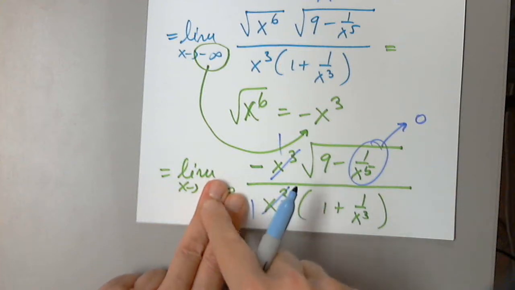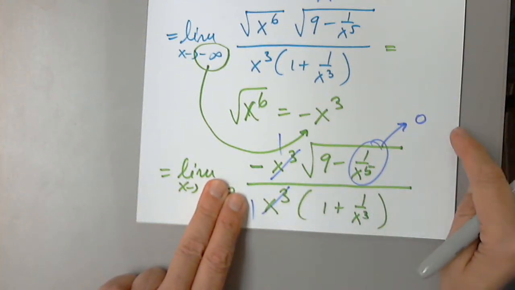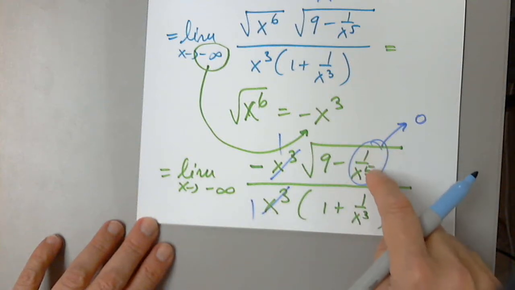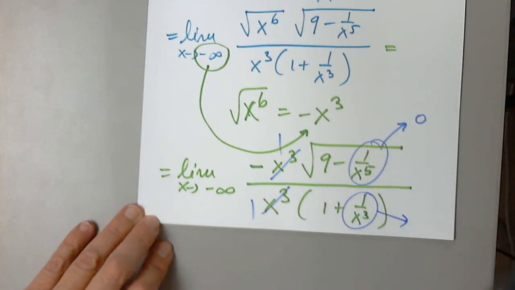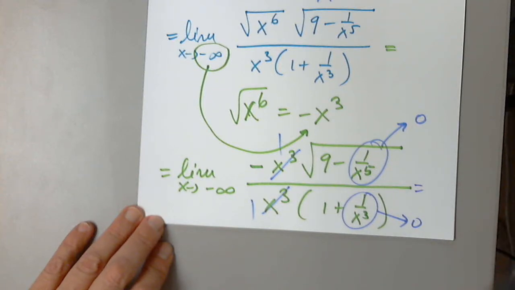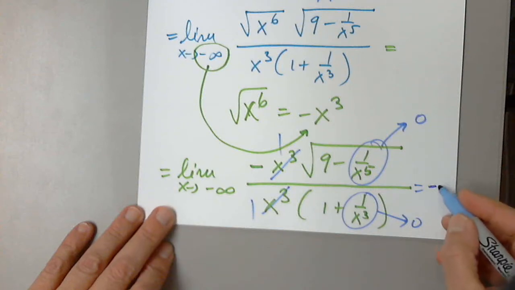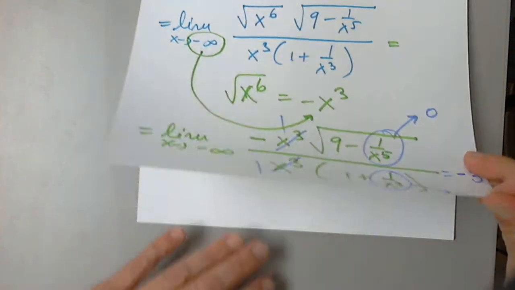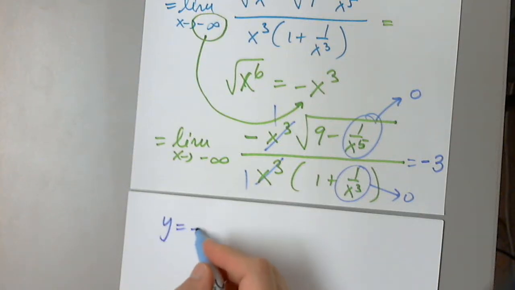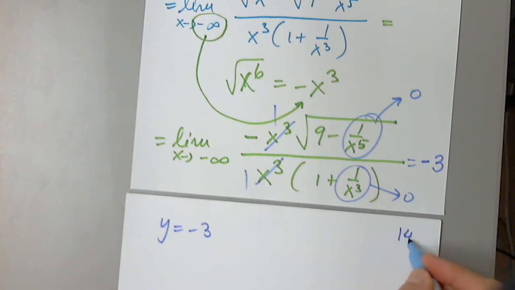Because if it goes to 5, 1 over x to the fifth is not going to go to 0, right? But because x approaches negative infinity or infinity, this will go to 0. And this will go to? Good. And the answer is? With minus in front. Very good. Negative 3.